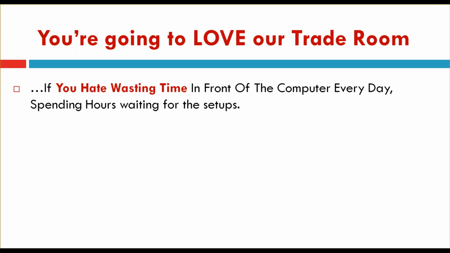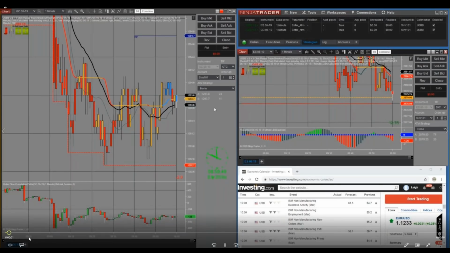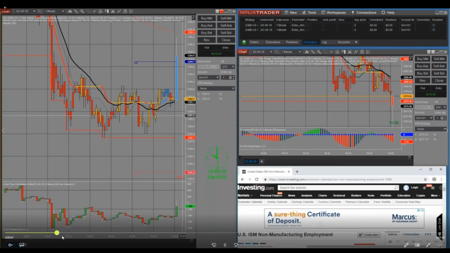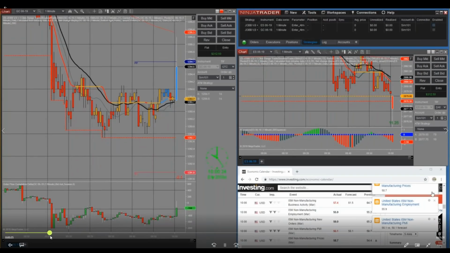So I believe you're going to love our trade room, because if you hate wasting time sitting in front of the computer, waiting hours for setups, you don't have to do that in our trade room. Our trades, as I said before, ISM non-manufacturing this week, 10 o'clock trade.